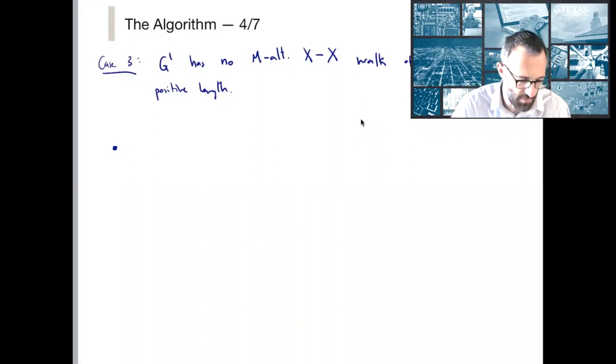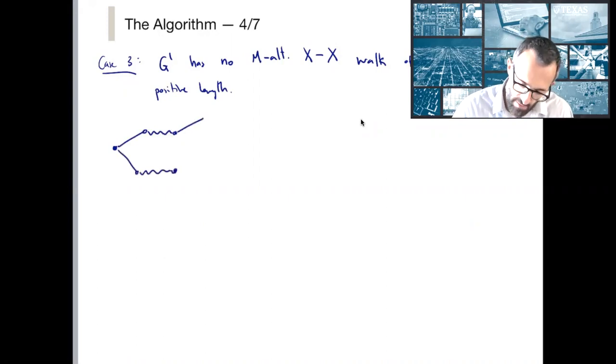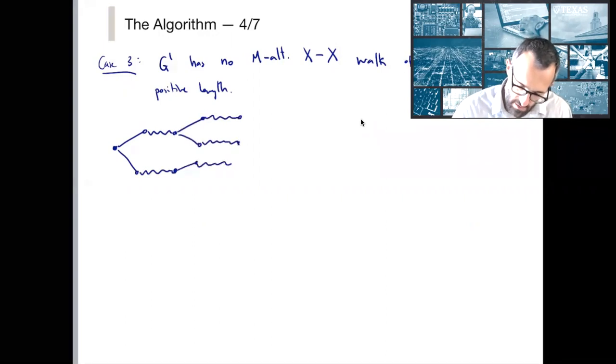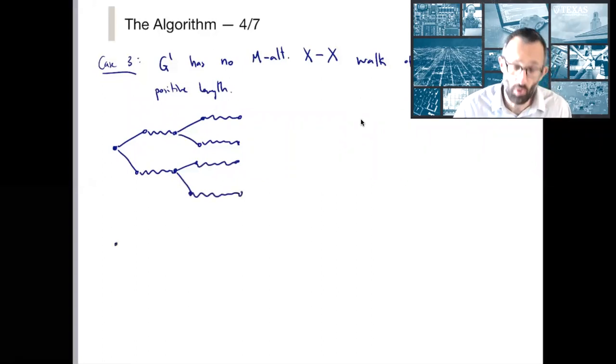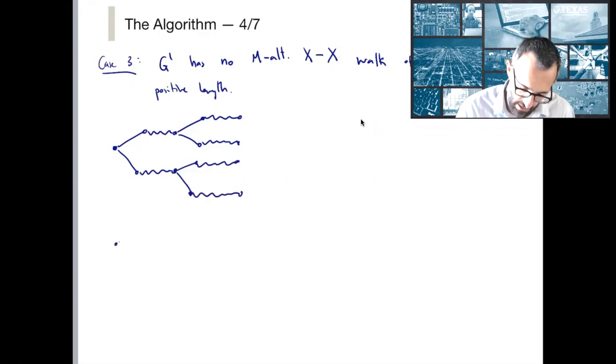So there's certainly some element in X, and I start growing my alternating tree, and maybe it looks like this. And maybe there's more than one vertex in X that's exposed.